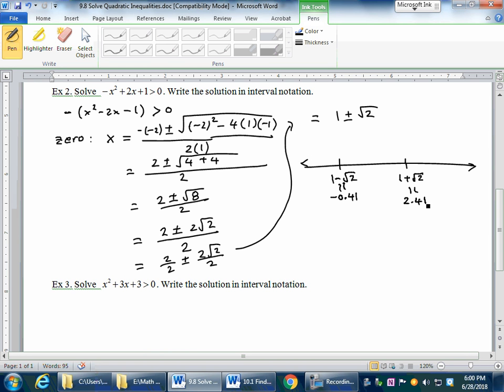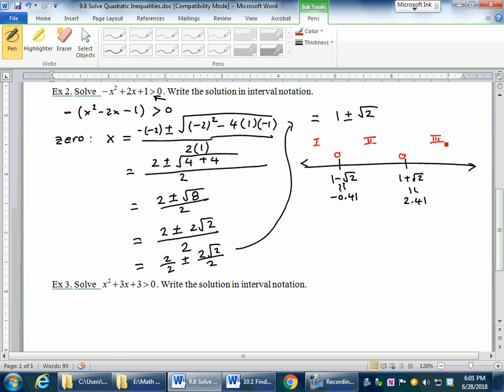Okay. So now, when we look at this, this inequality is strictly greater than, so therefore, it's going to be an open circle, not inclusive. Open circle. Right? Which helps us to get interval 1, interval 2, and interval 3.